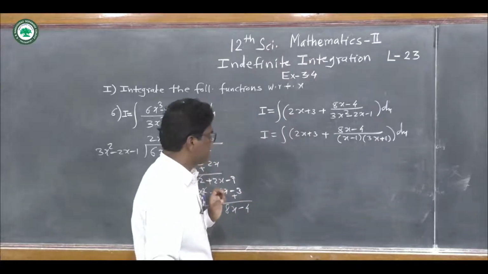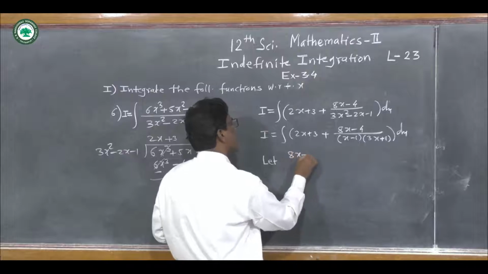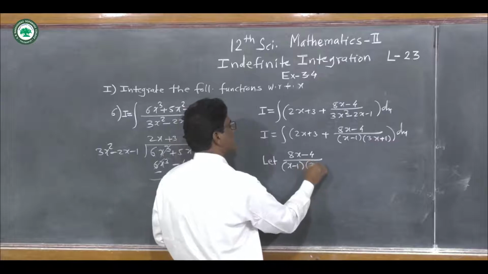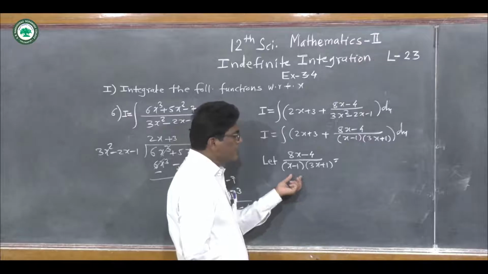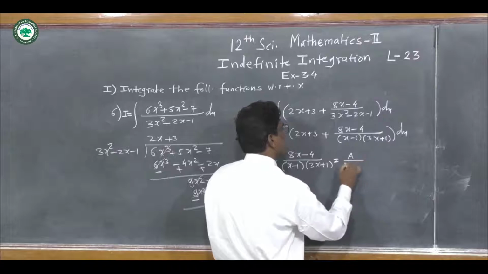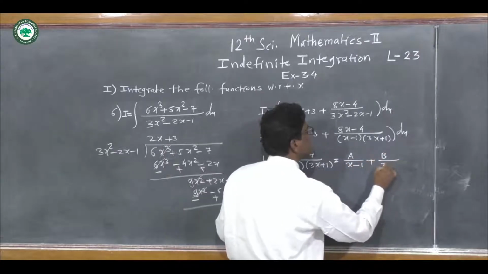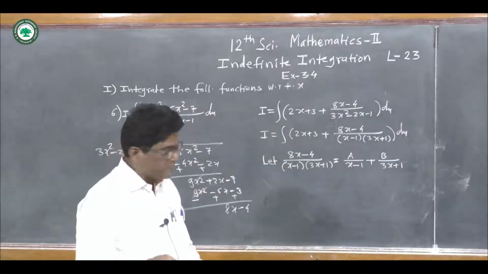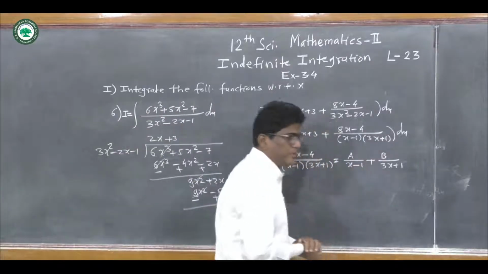Let (8x minus 4) upon (x minus 1)(3x plus 1) be equal to, since these are non-repeated linear factors, A upon the first factor, A upon x minus 1, plus B upon the second factor, 3x plus 1. And now we want to find the values of A and B.